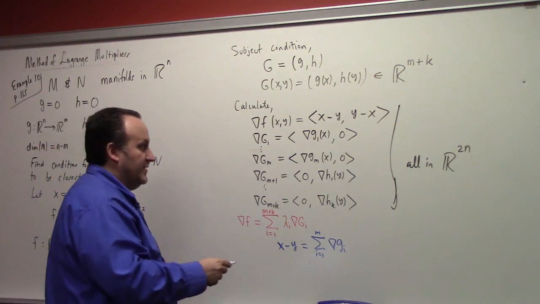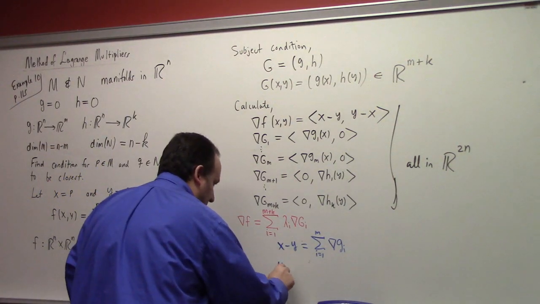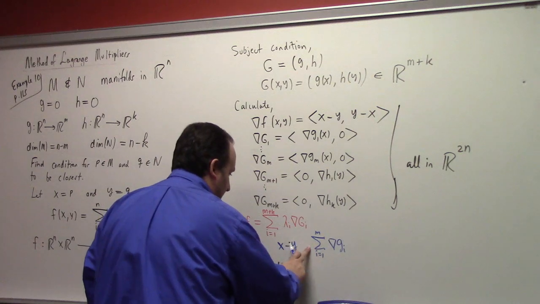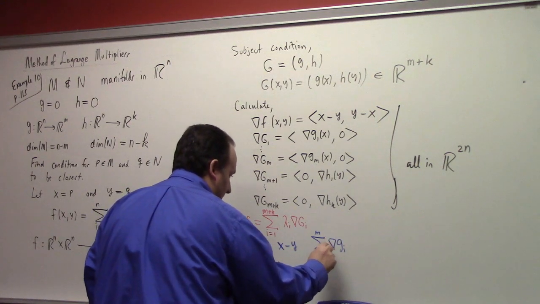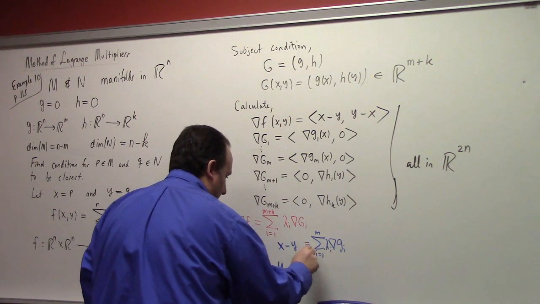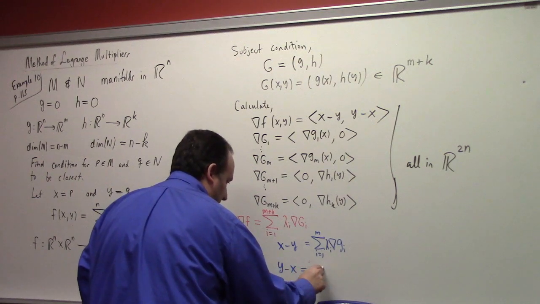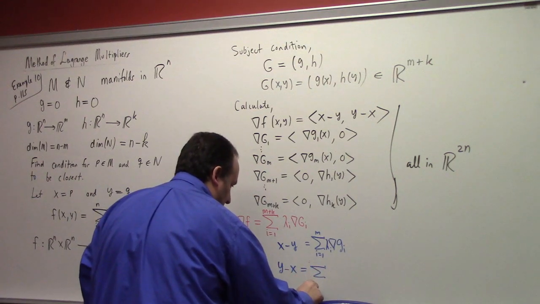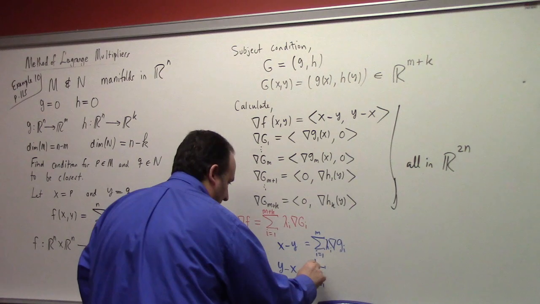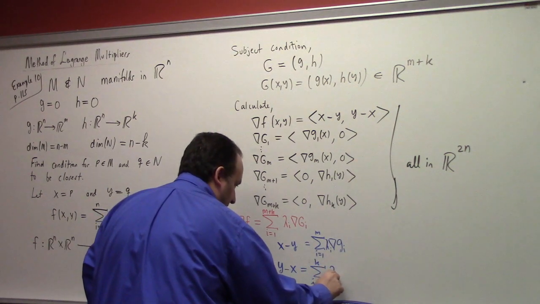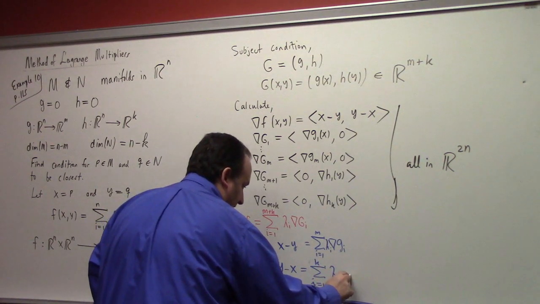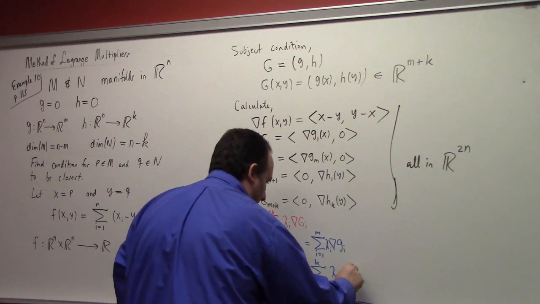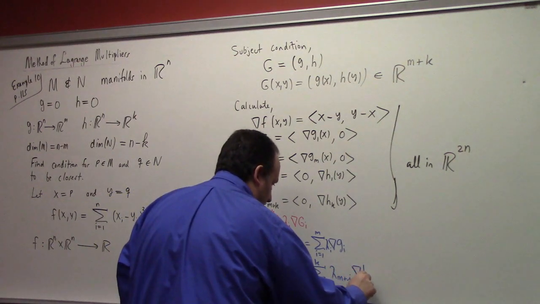But on the other hand, we have y minus x, and I've missed my lambdas, sorry. y minus x is equal to the sum, let's say j equals 1 to k of lambda m plus j nabla h sub j.